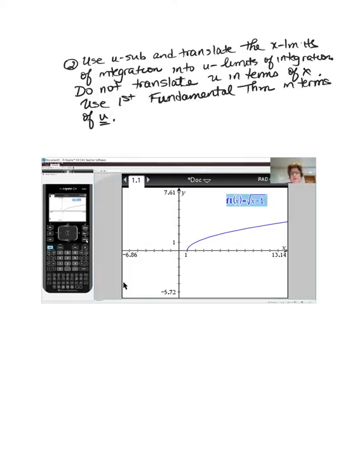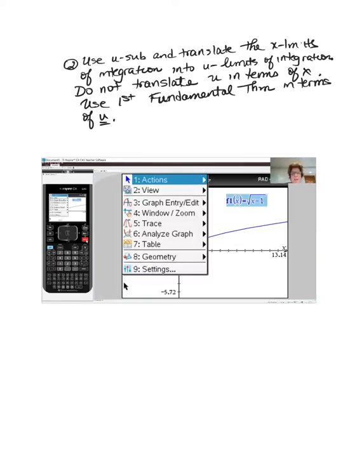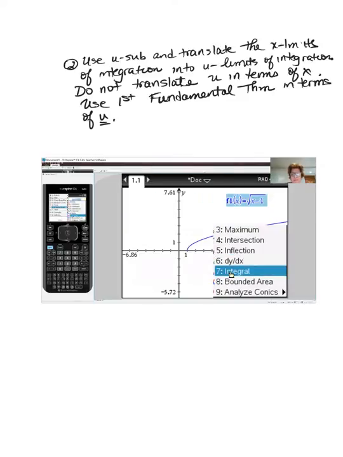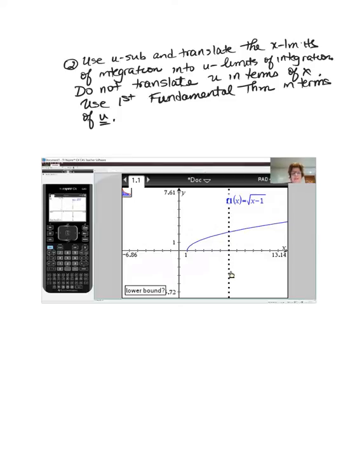So we go to menu, and we go to analyze graph, and we go to integral. Okay. And I'm going to type in the bounds, even though we can drag this vertical line. I find it more efficient to put in the bounds.